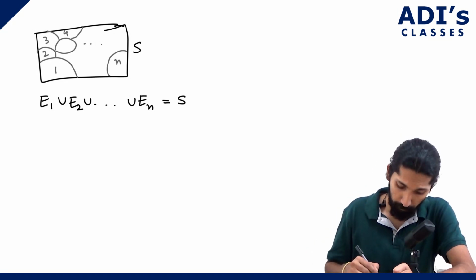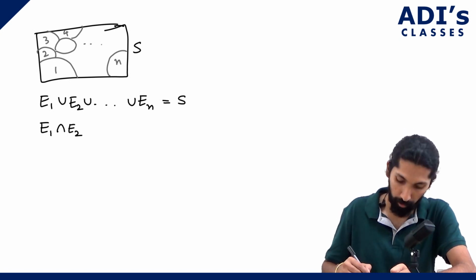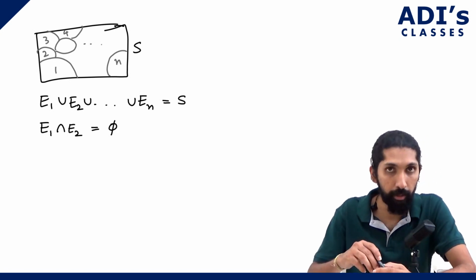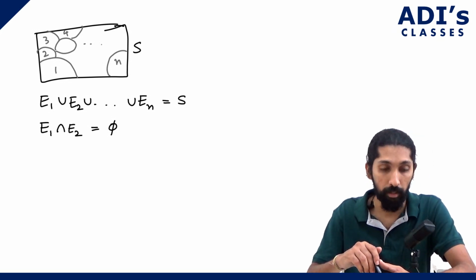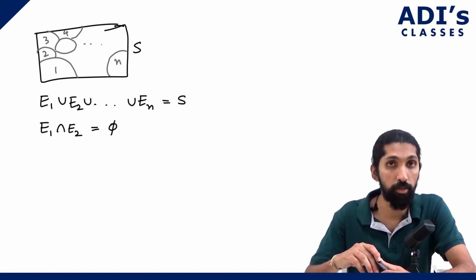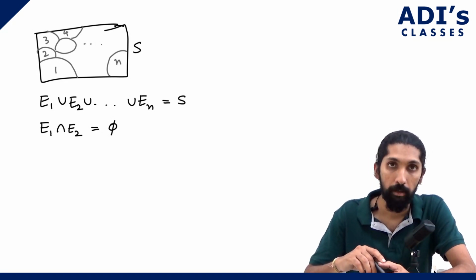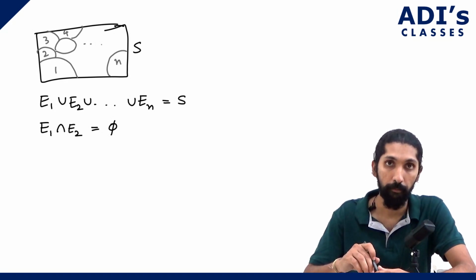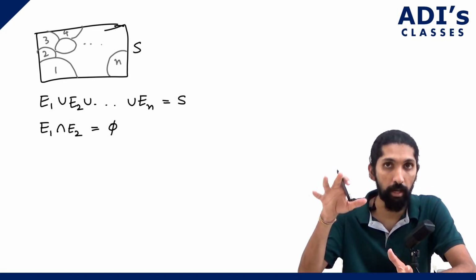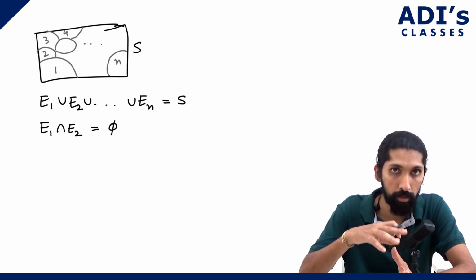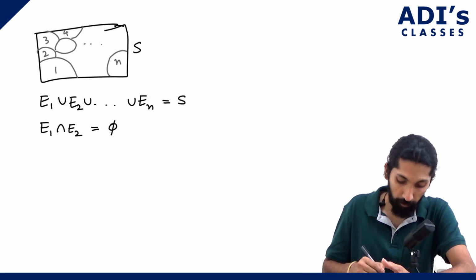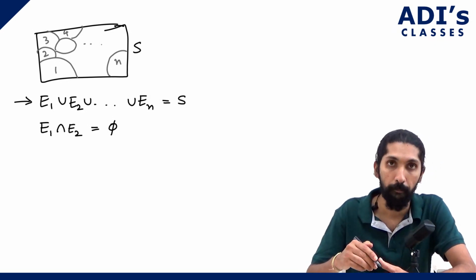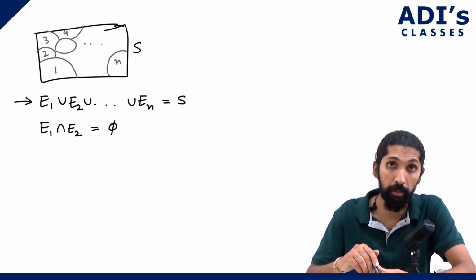Also, suppose if you take intersection E1 intersection E2, this is going to give us null set, because E1 and E2 have nothing in common with each other. They are called disjoint sets, right? So these two events are disjoint events. A very important point here is, if you're splitting the sample space into multiple parts, the partitions, if you take the union of those partitions, that is going to give you the total sample space.